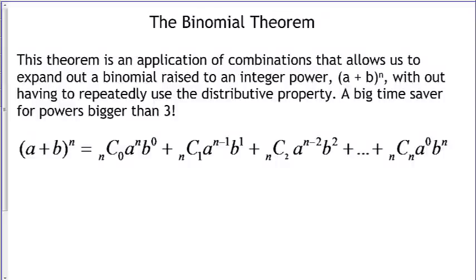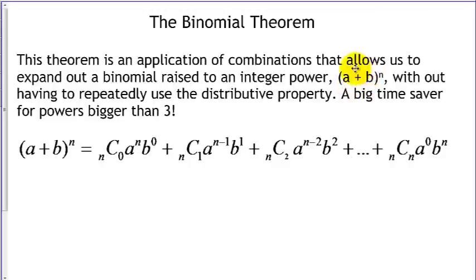An application of combinations not dealing with counting things or probability is the binomial theorem. In the binomial theorem, we are working on how to expand a binomial to an integer power. And using the binomial theorem, we can do that fairly easily.